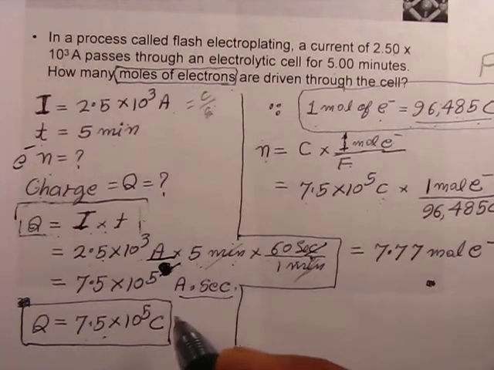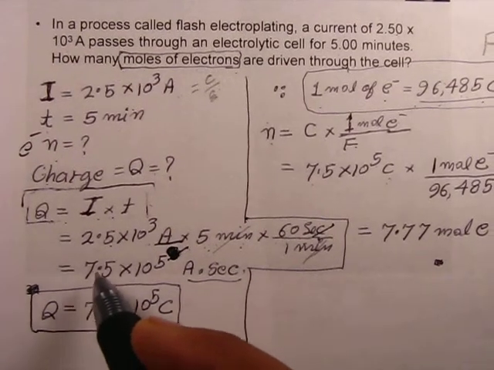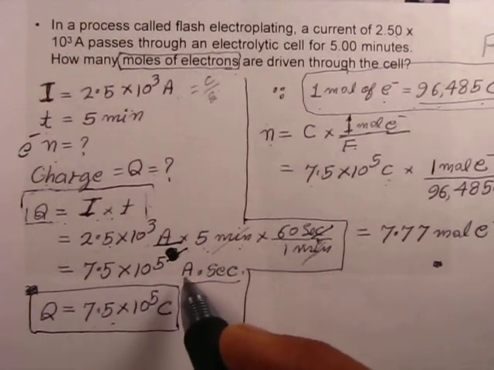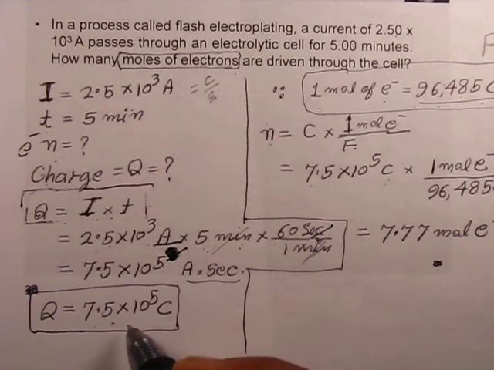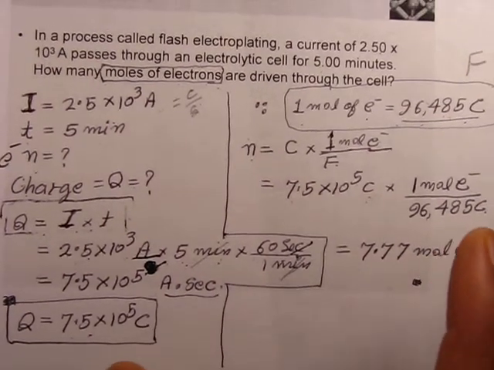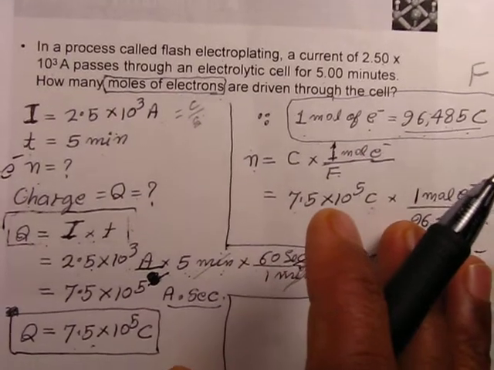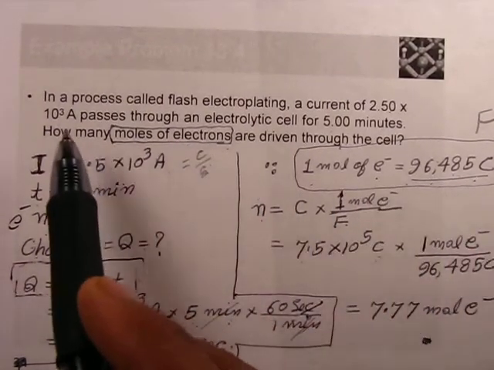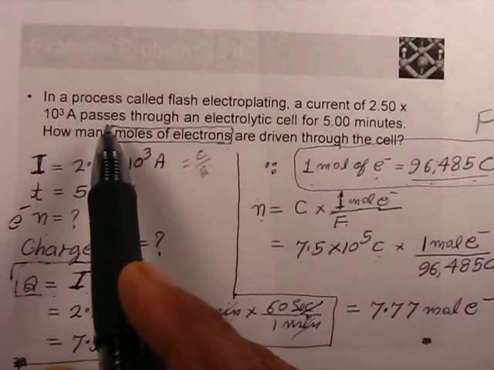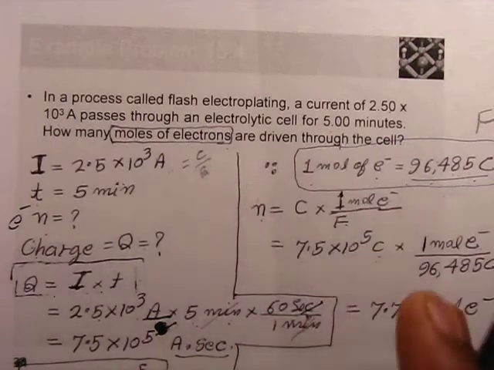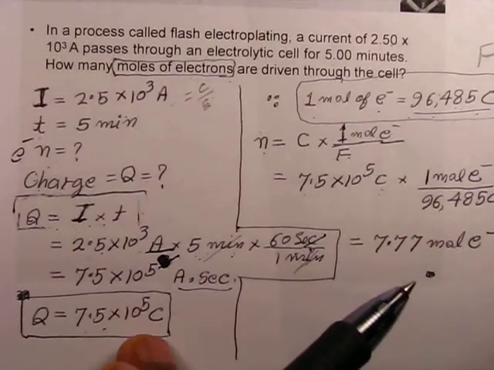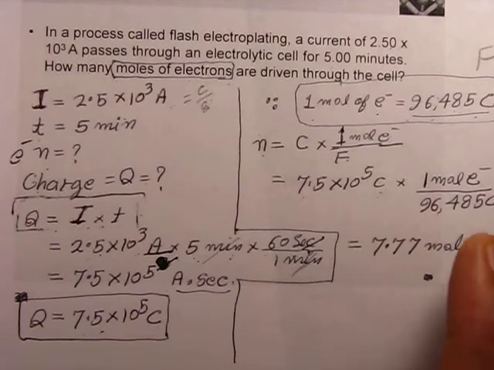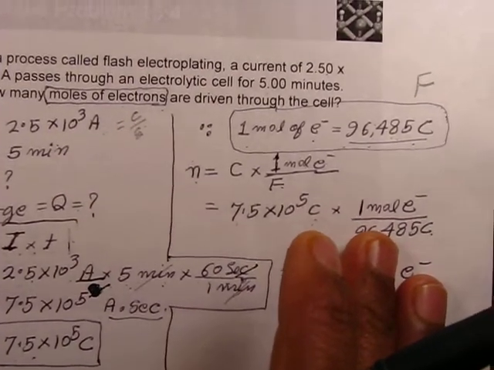Minute cancels, and the charge will be 7.5 times 10 to the power 5 ampere second, or coulomb. So if we pass 2.5 times 10 to the power 3 ampere of current for 5 minutes, we are flowing 7.5 times 10 to the power 5 coulomb of charge.